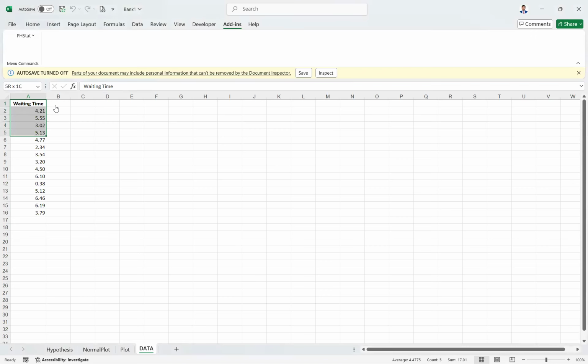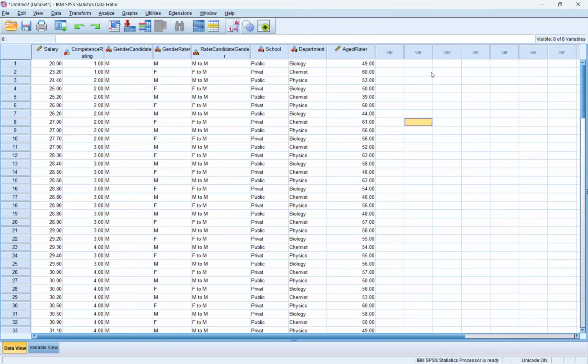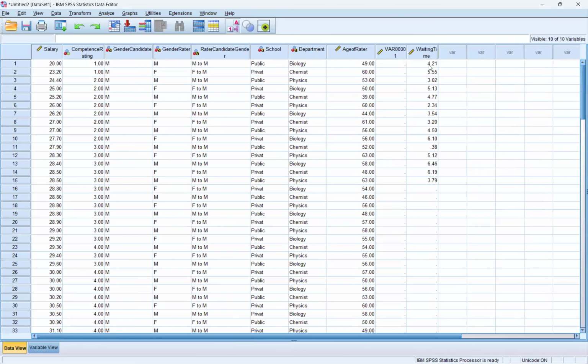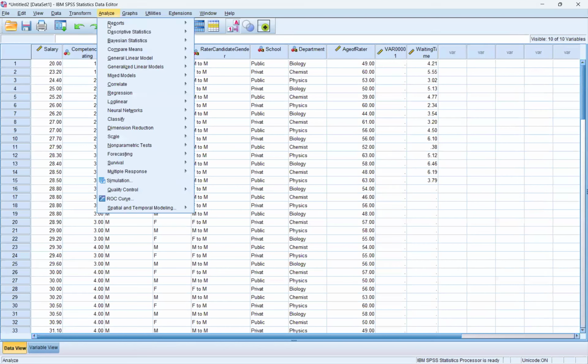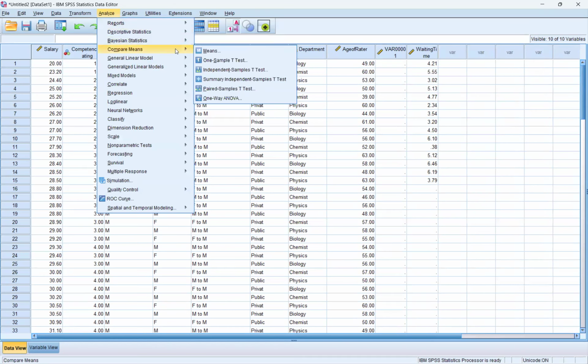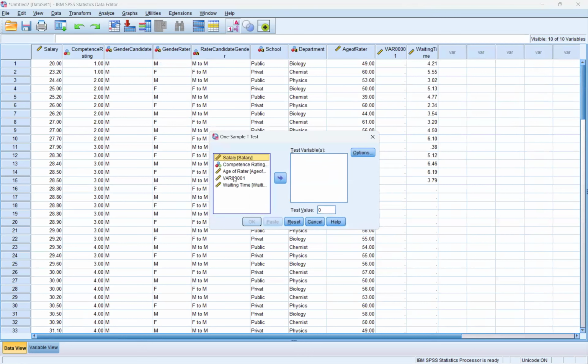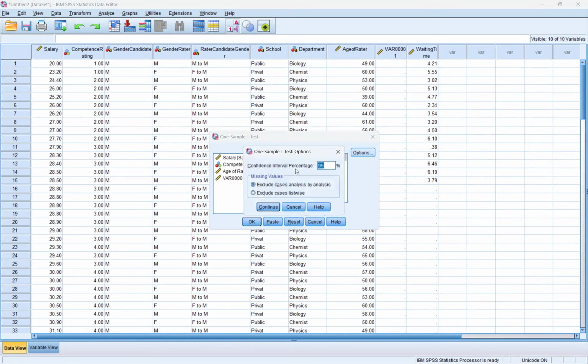Just copy the data. Control C, and paste with variable information. Now here, go to Analyze, Compare Means, One Sample T Test. Now the variable is waiting time, so just put it here. Options, confidence interval is 95.